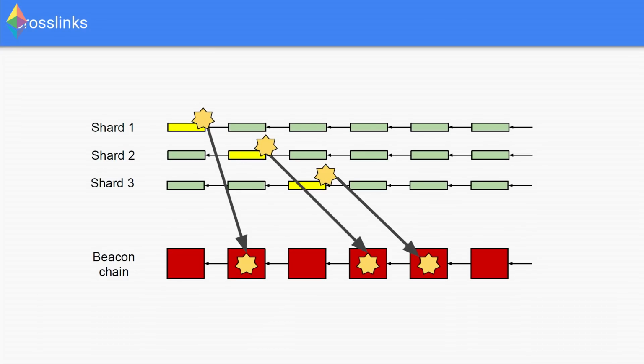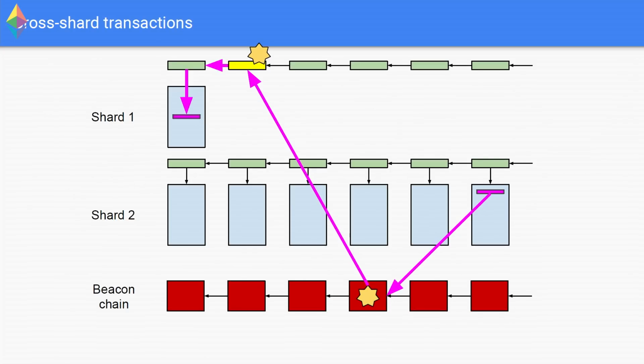The reason is that these signatures get included in the beacon chain, and we're going to use the beacon chain as a bridge between the shards, as a way to do cross-linking of the shards. And this is how it works. So let's say you have a transaction in shard 2 that is interested in reading a transaction that happened in shard 1.